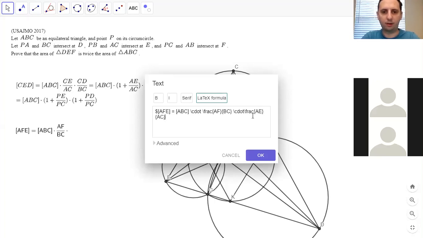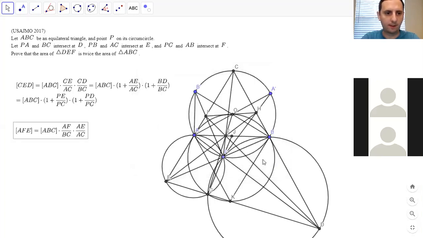A lot of the things are equal to a side of the triangle. So we have AF over a side and AE over a side, but AE over AC, maybe it's easiest to leave it. But yeah, how do we get AF? That's the thing.